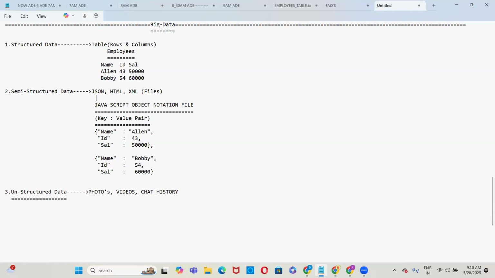Photos, videos, chat histories, etc. These are all called unstructured data. As a data engineer, we'll be dealing with all these three types of data.